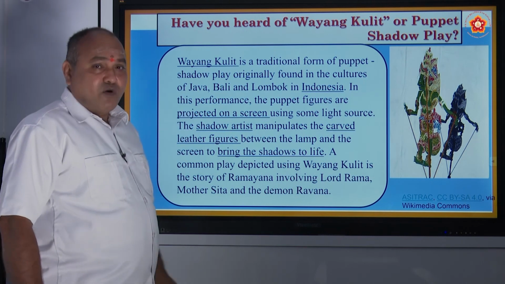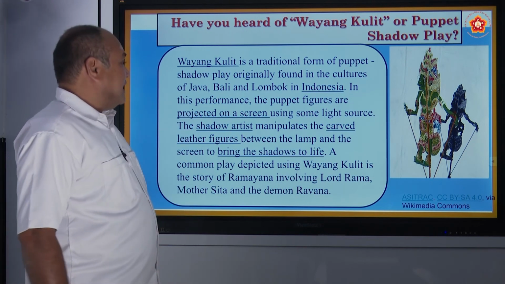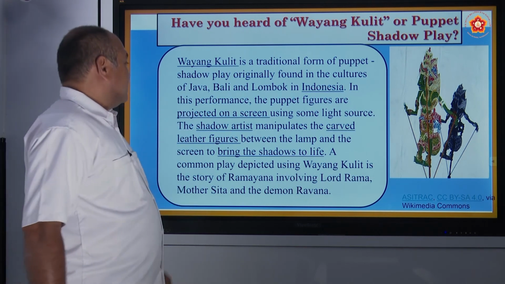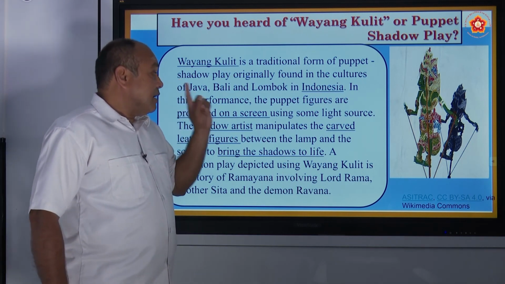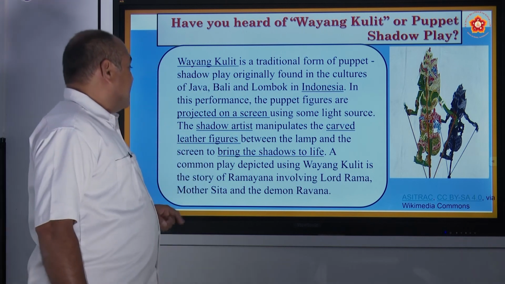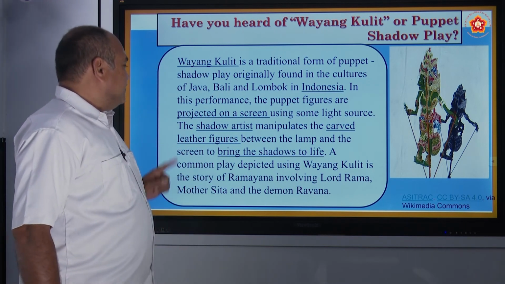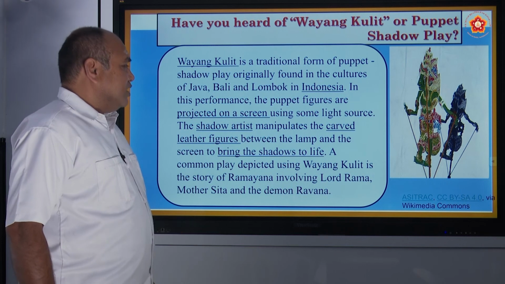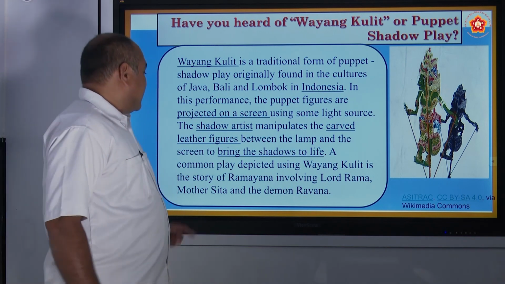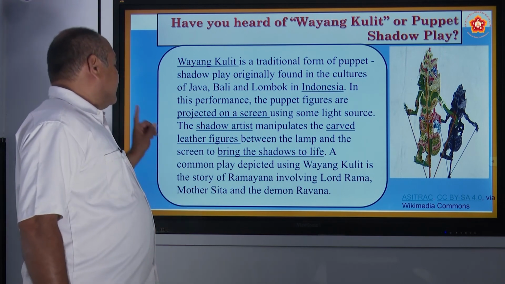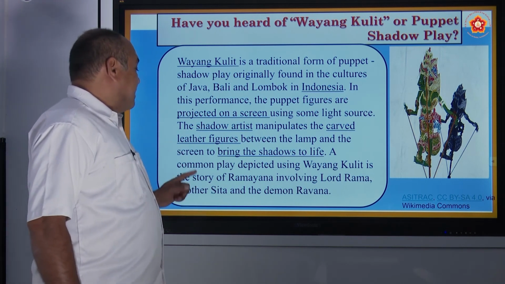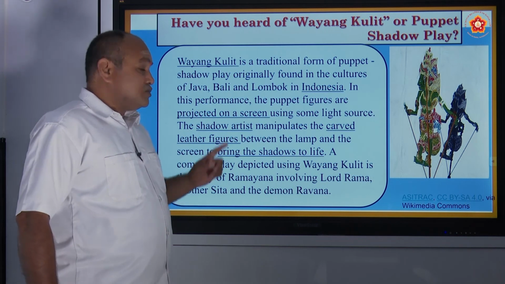Wayang Kulit is a traditional form of puppet shadow play originally found in the cultures of Java, Bali and Lombok in Indonesia. In this performance, the puppet figures are projected on a screen using some light source. The shadow artist manipulates the carved leather figures between the lamp and the screen to bring the shadows to life.